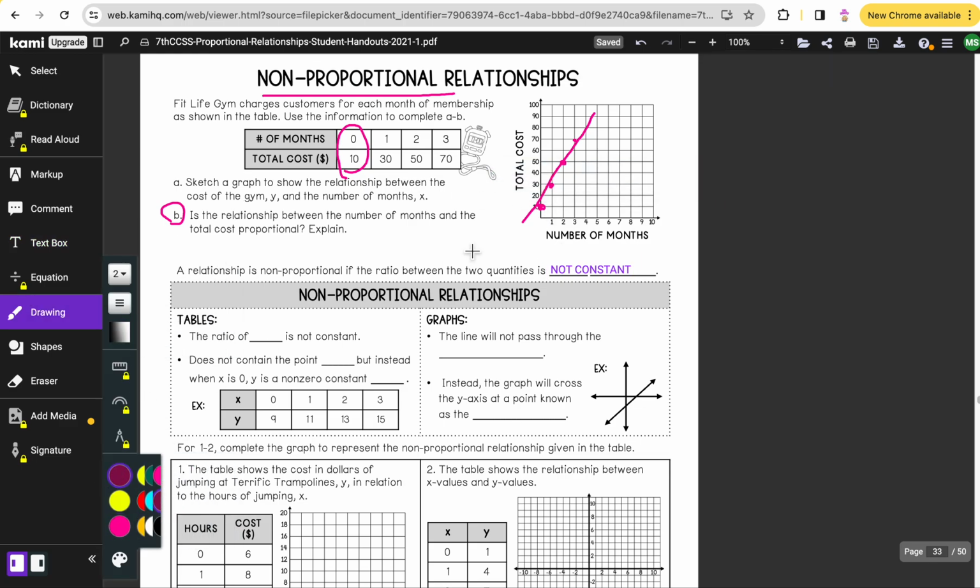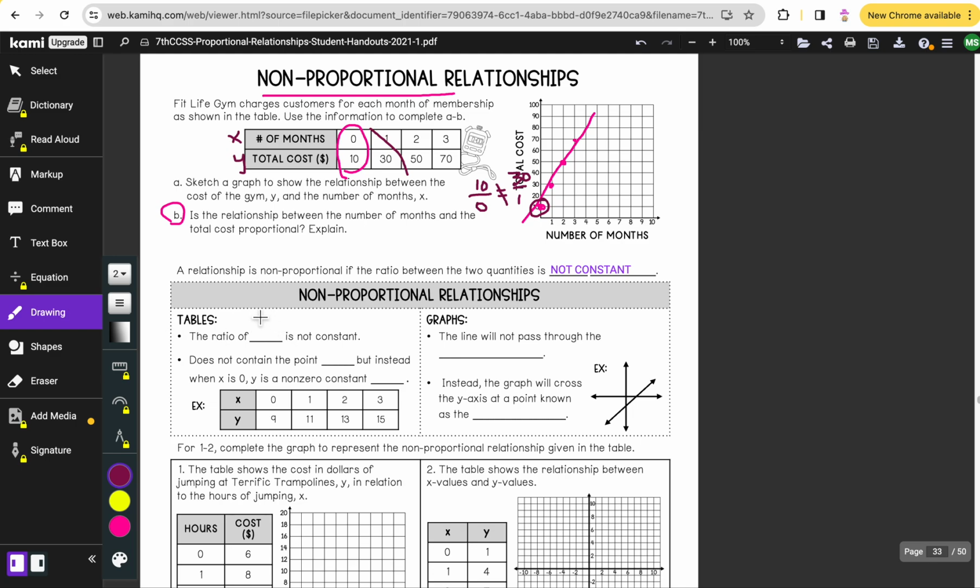If I were to take this point, this 0 months, right? 10 divided by 0 is not the same thing as this point, 30 divided by 1, right? They are not equal. So this would be not constant, right? We're not going to get the same thing every time we try to figure out the k.